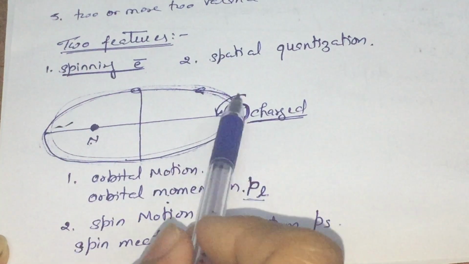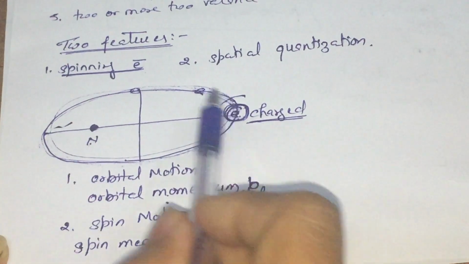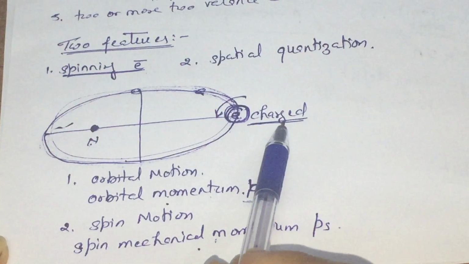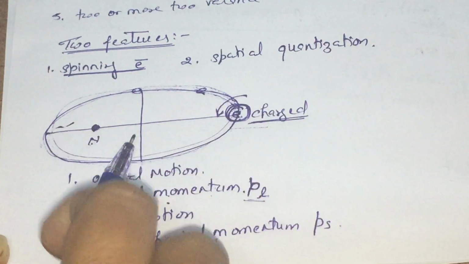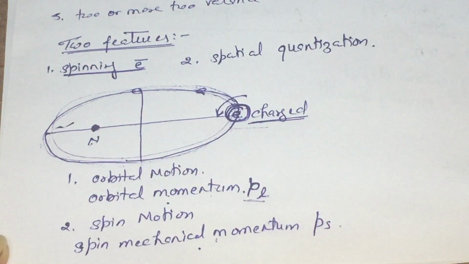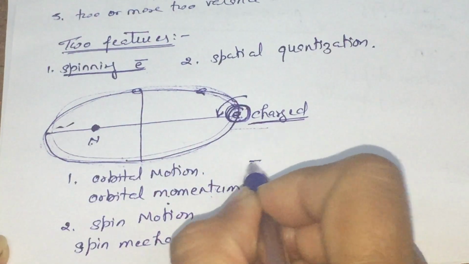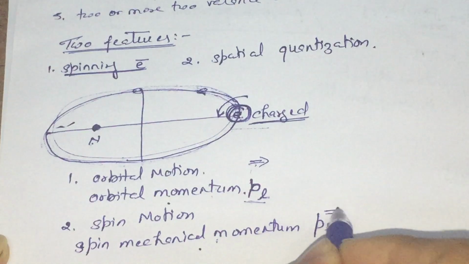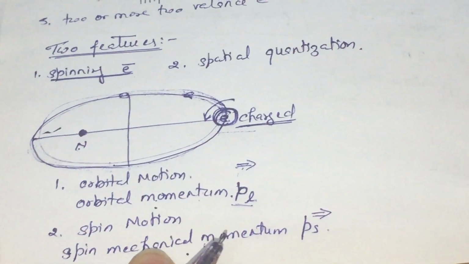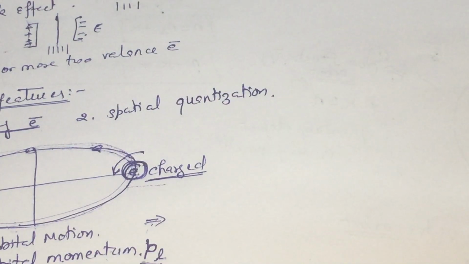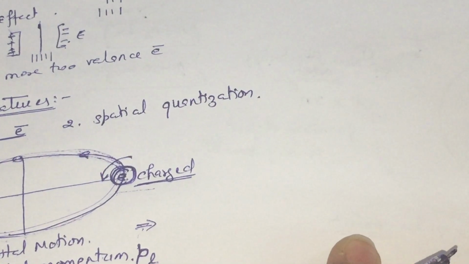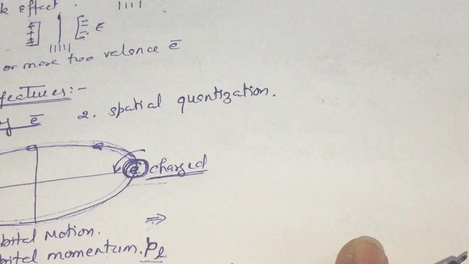In orbital motion, it is completing this loop, and in spin motion, it is completing this loop. Due to the completion of the loop, along with these two momenta, there are two corresponding momenta due to the charged loop motion of the electron.